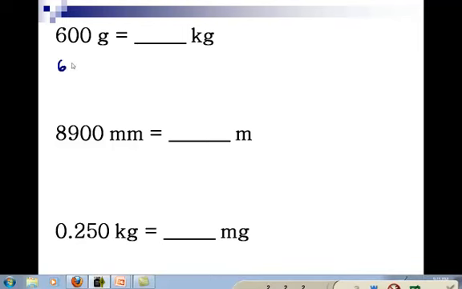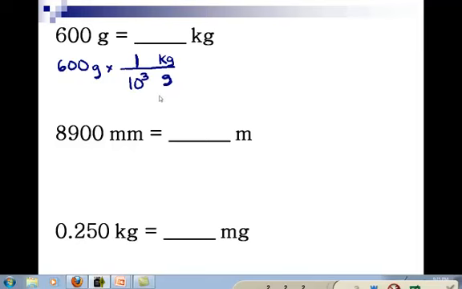Okay, and let's look over here. We have 600 grams, and we're going to multiply it by kilograms. That's what I'm looking for, over grams. Okay, and what I'm going to do is, what is larger, kilo or gram? Kilo is larger. How many spaces are between kilo and gram? There are 3.